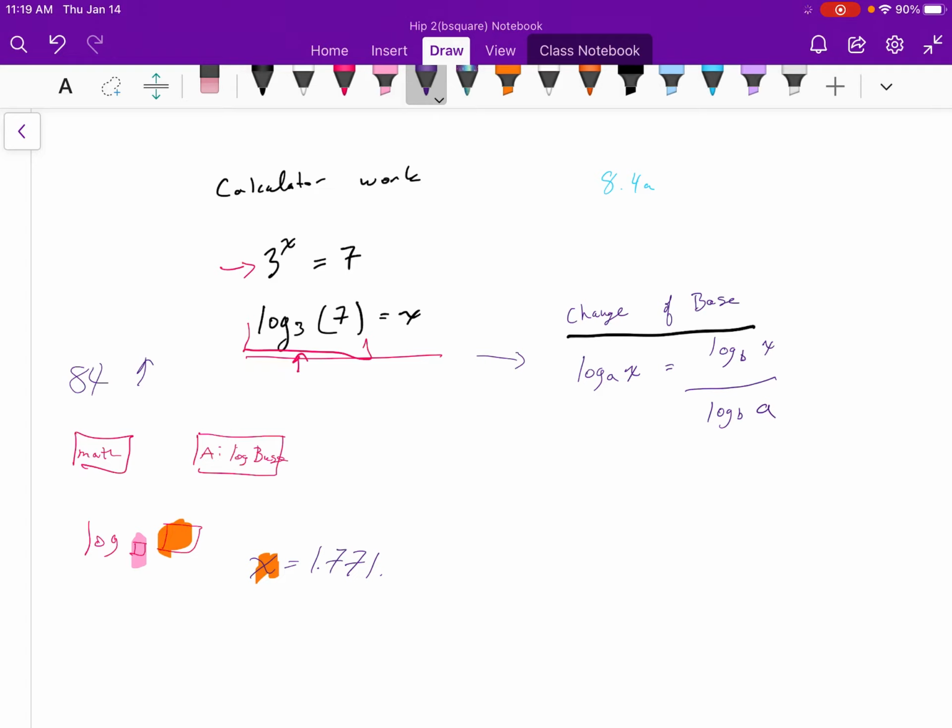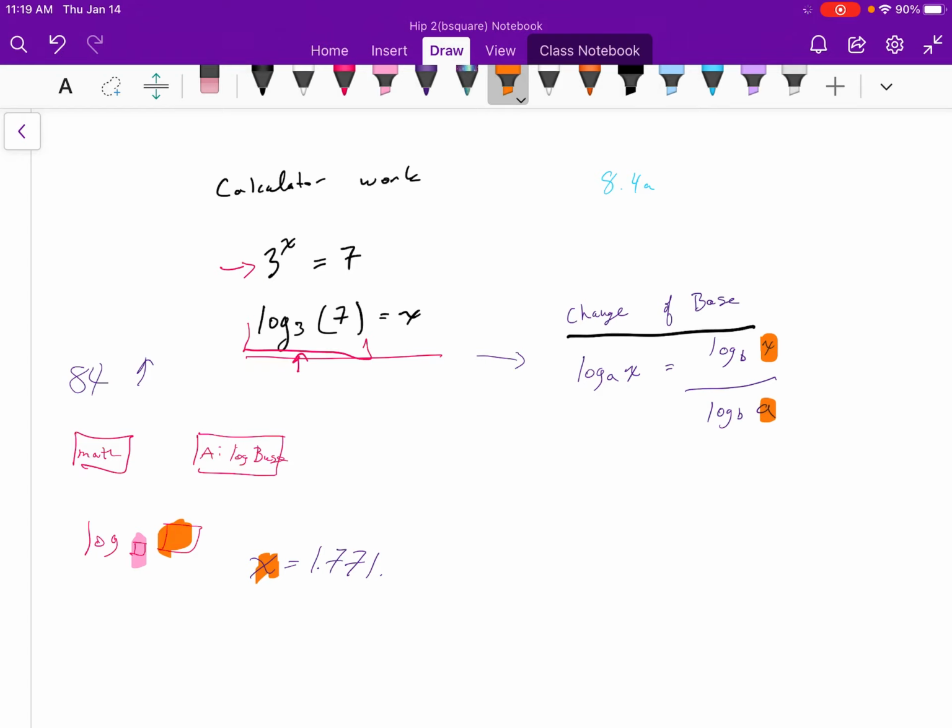And the change of base really is using, if you have log base a of the argument x, this is going to be equal to the log base b of x divided by the log base b of a.